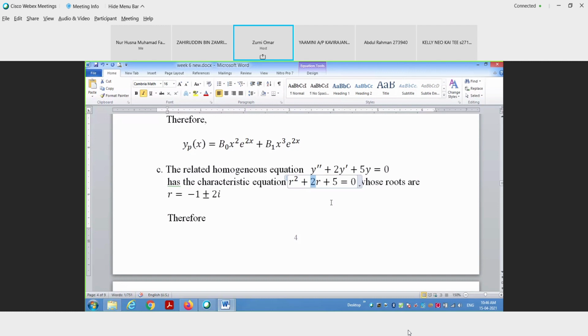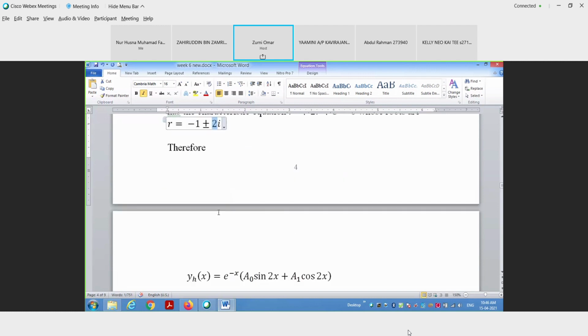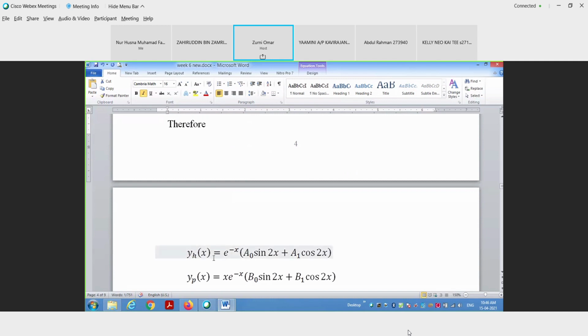When you solve this using quadratic formula, we have r equal to minus 1 plus minus 2i. You will get this. So r equal to minus 1 plus minus 2i. So alpha is equal to minus 1, beta is equal to 2. So your YH will be e to the power of alpha x.